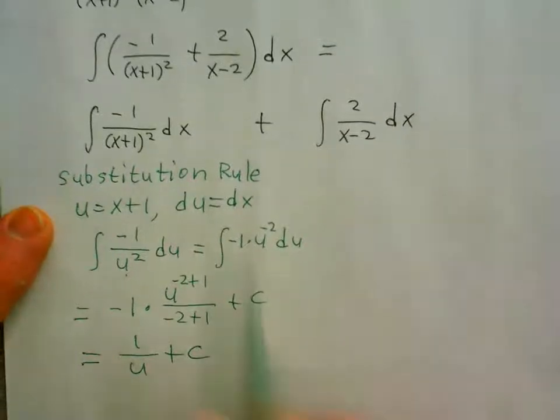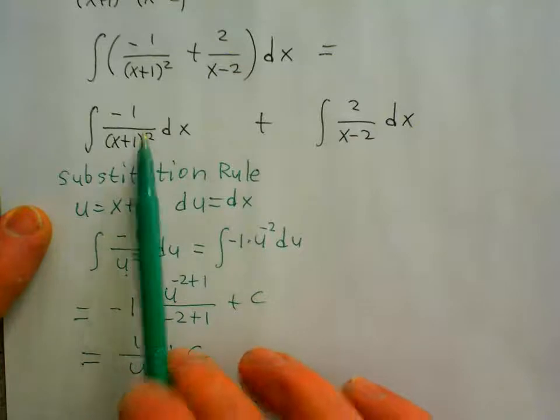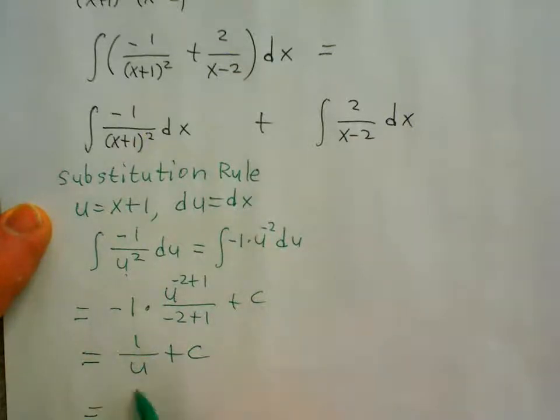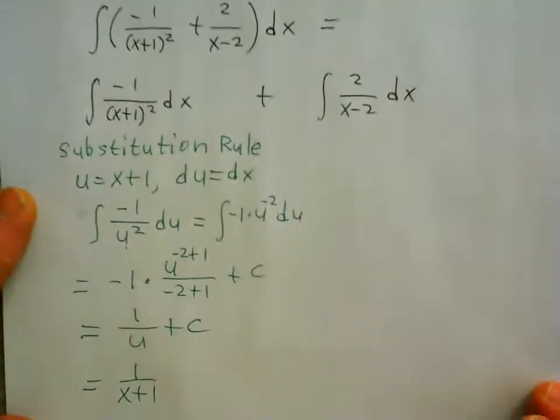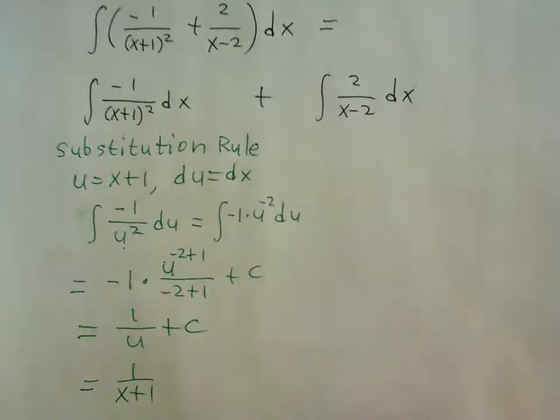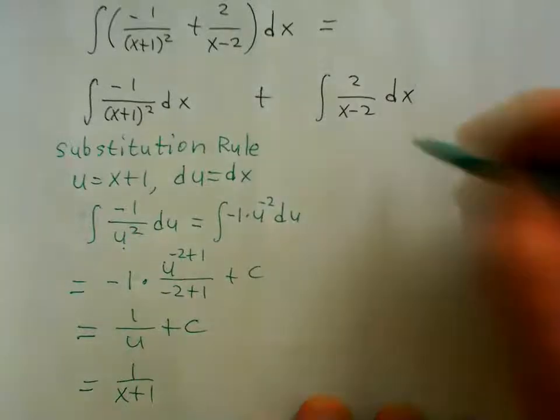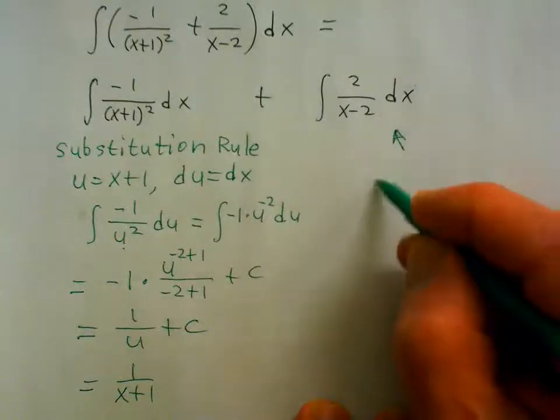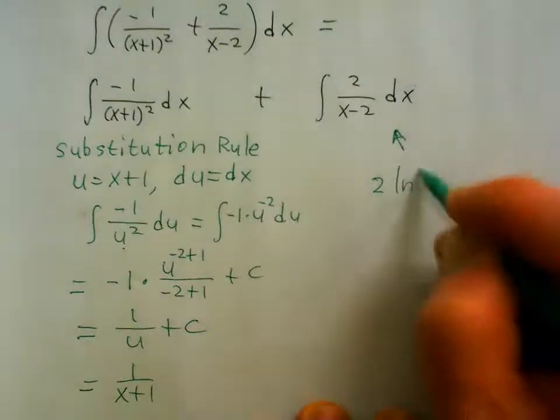Okay, so this first one then is just 1 over x plus 1. And the other one, we know how to do that one. So this one is 2 times the natural log of the absolute value of x minus 2.